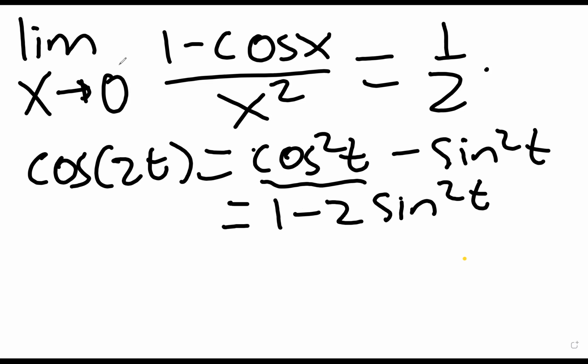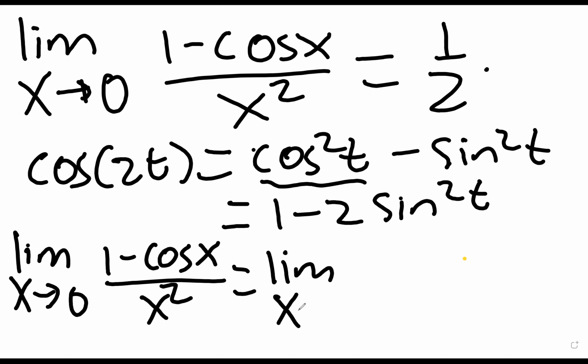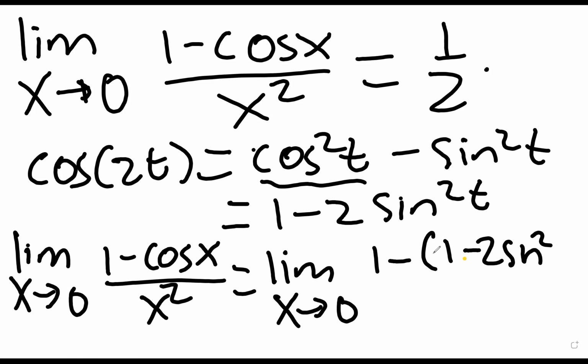If I use this identity for t equals x over 2, then I will have the limit as x tends to 0 of this function, 1 minus cosine of x divided by x squared, equals the limit as x tends to 0 of 1 minus cosine of x, where t is x over 2, so I put x over 2 there, divided by x squared.